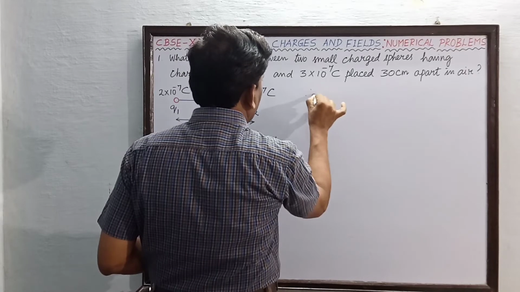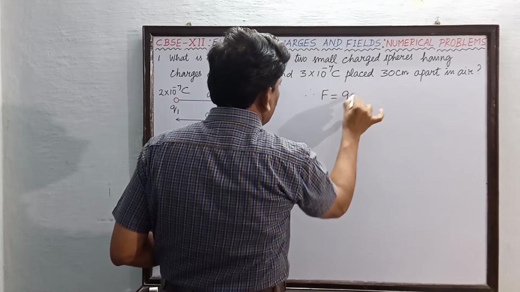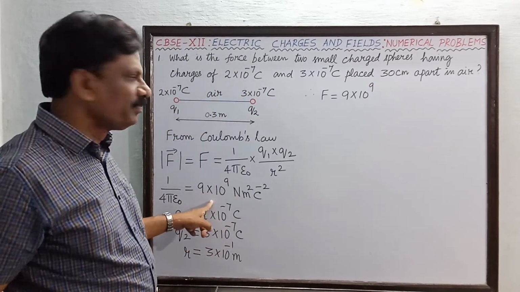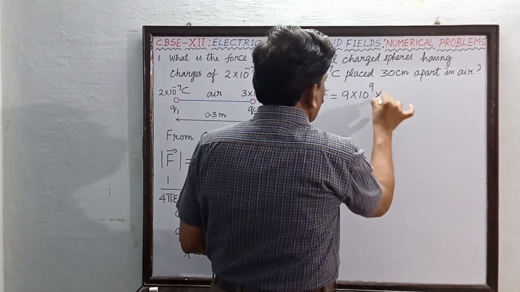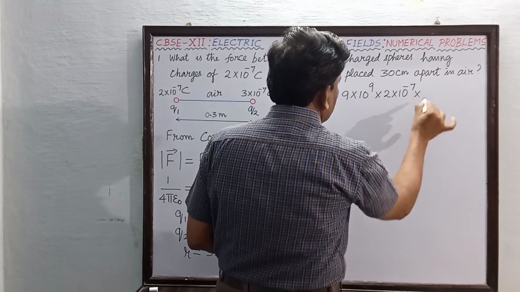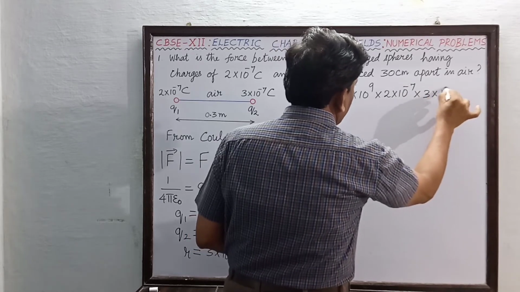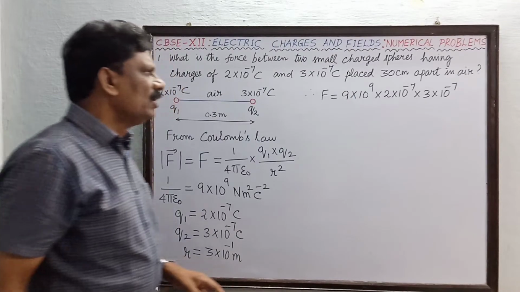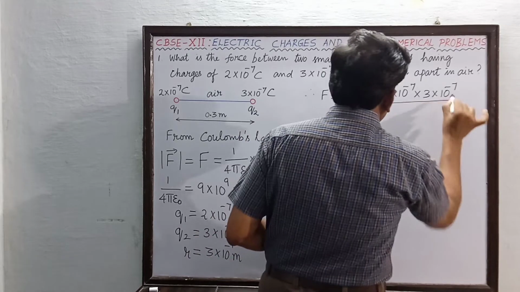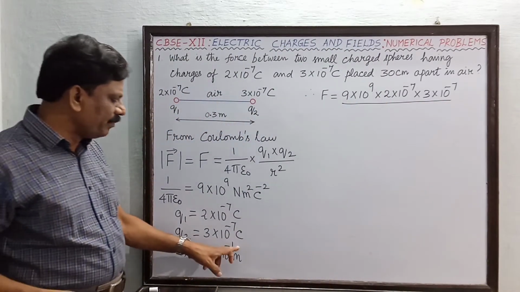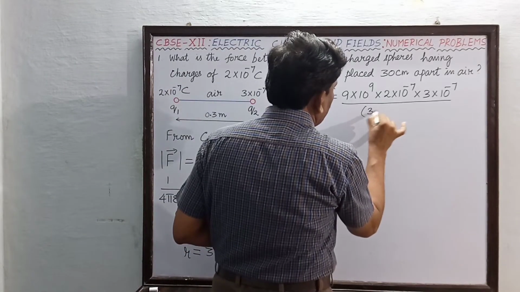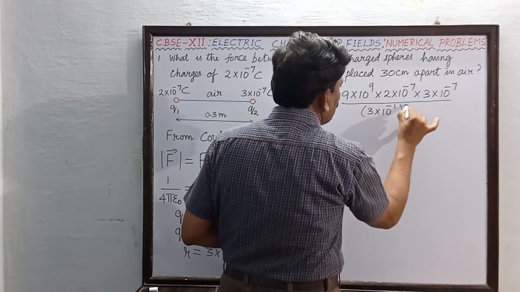Therefore, the magnitude of the force F is equal to 9 into 10 to the power of 9 in place of 1 by 4 pi epsilon naught, into Q1, which is 2 into 10 to the power of minus 7, into Q2, which is 3 into 10 to the power of minus 7, whole divided by R square. R square is 3 into 10 power minus 1 the whole square.